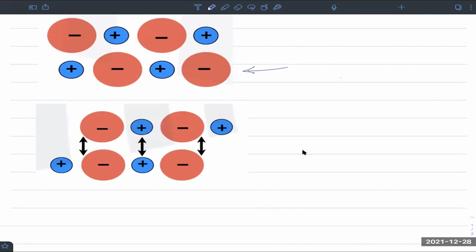This red one comes right below the red one at top, and the blue one comes right below the blue at top. And what happens? A very strong force of repulsion applies. They repel each other because they're the same charge. And the force is so strong that they're going to give it a sharp cleavage right here. The crystal breaks up.